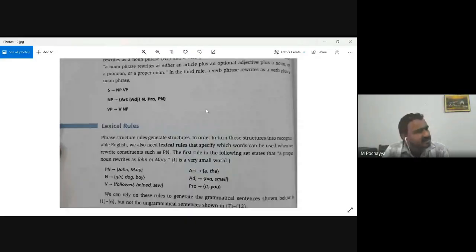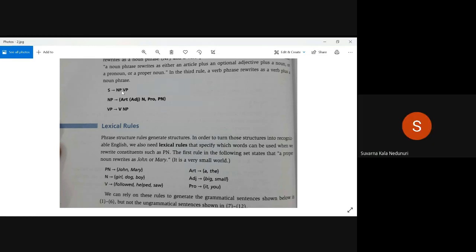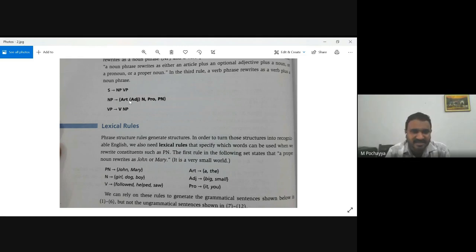Try to understand this point. You see the first example here. Is it visible? Yes, sir.